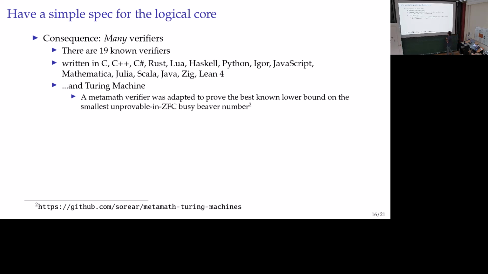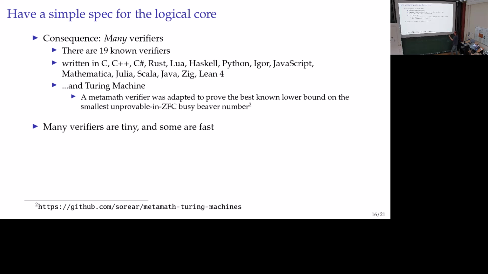But someone actually used this to prove a math theorem, which I think is super cool. They used a Metamath verifier, or a stripped-down version of one, to construct a Turing machine that will enumerate proofs in ZFC and use this to prove the smallest unprovable in ZFC busy beaver number. This is the busy beaver number where you cannot put any upper bound because the behavior of this particular Turing machine cannot be established to halt or not, because that would imply the consistency of ZFC.